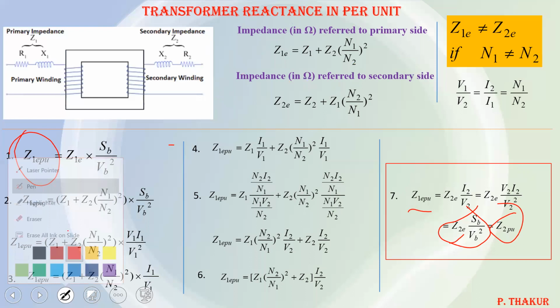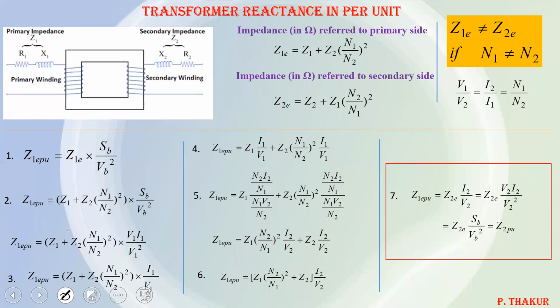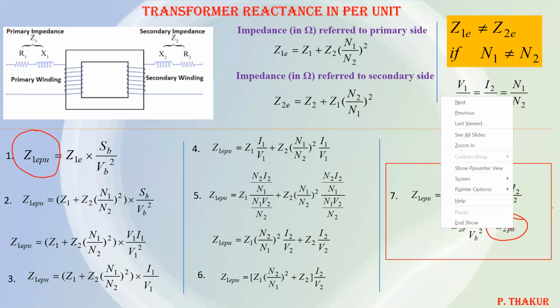So when you represent transformer impedance in per unit, then what you are analyzing here, the total impedance of the transformer referred to the primary and total impedance of the transformer referred to the secondary will be equal to each other. So this is the advantage when you represent transformer reactance in per unit.